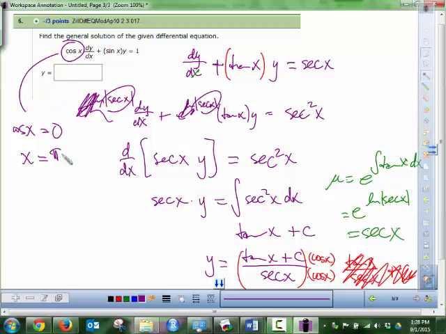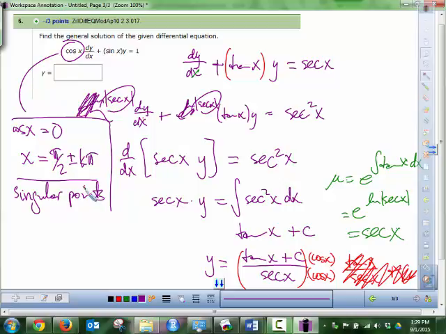So pi over 2, and then plus or minus some combinations of pi. So these are your singular points. Wherever that is equal to 0 is going to be your singular points.